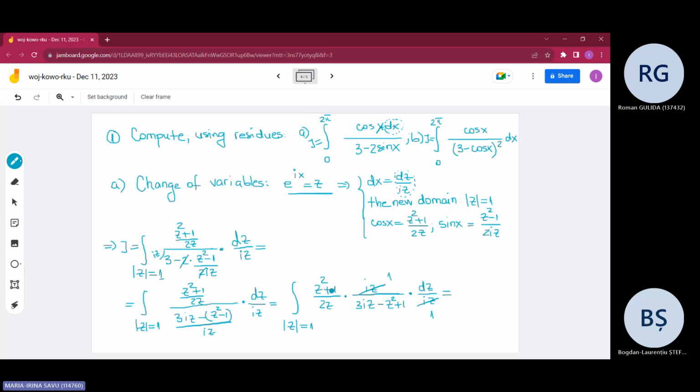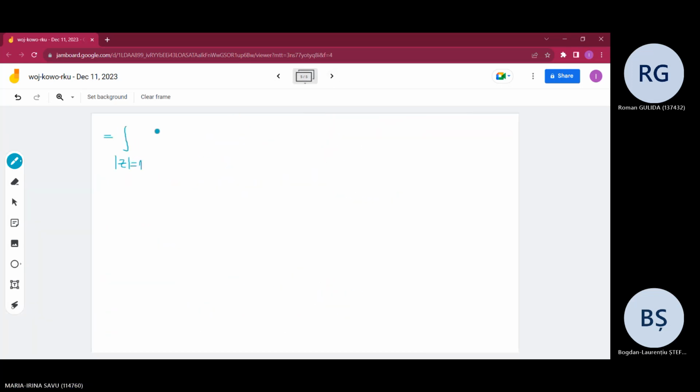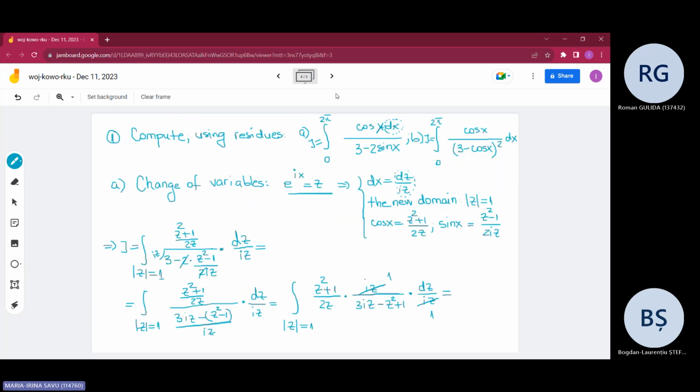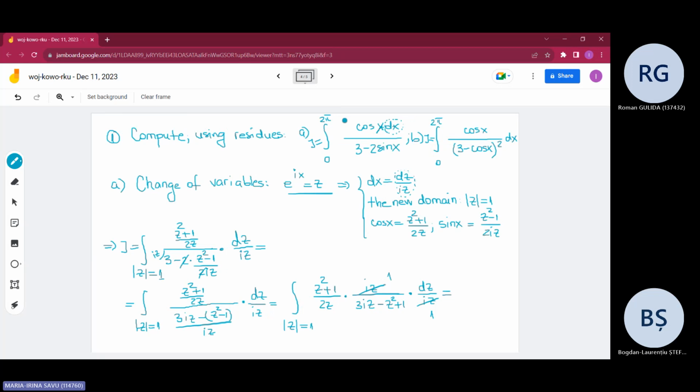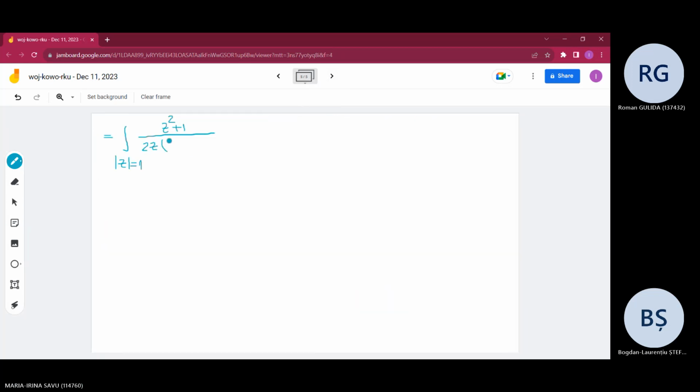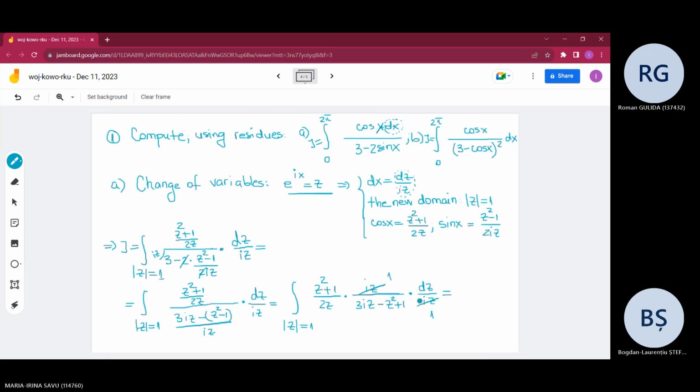So I have z squared plus 1 times this one, and in the end, this dz.